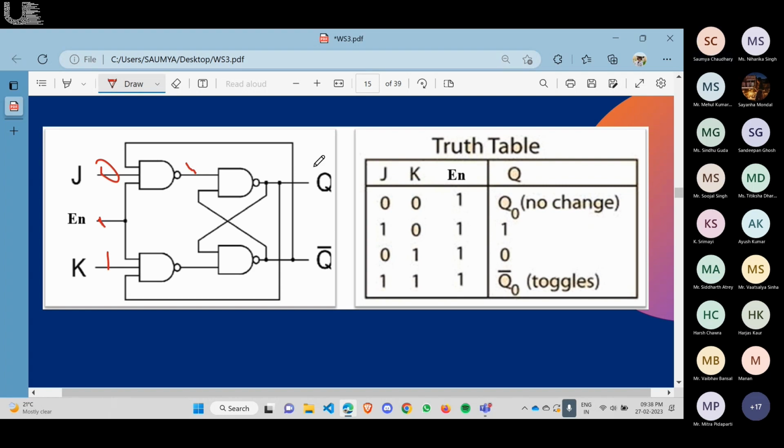Here we have 1. This 1 will go here. Here also 0 will give 0. This 1 will go here, then we will get 0. This 0 will go here.